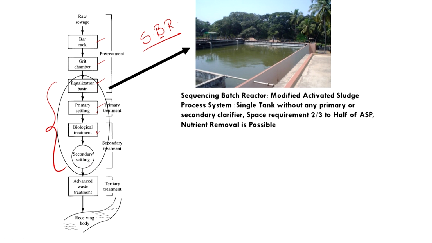It is a modified activated sludge system, where a single tank without any primary or secondary clarifier, because it is like a batch. First you will have aeration, then you will have settling and so on and so forth in the same tank. Space requirement is less, that is why it is relatively popular in India, and nutrient removal is also possible depending on how you maintain it, and this is what we have at IIT Roorkee.